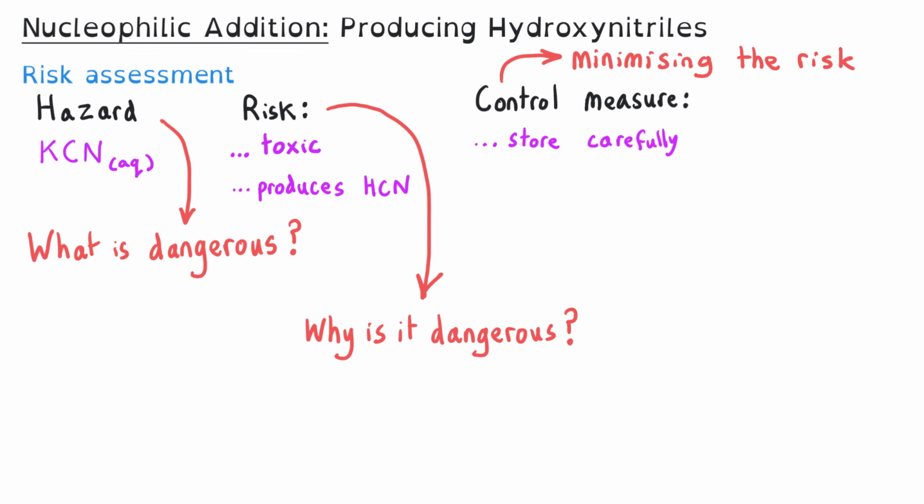The toxic nature of potassium cyanide can be offset by storing it and handling it carefully. But the production of hydrogen cyanide is more of a danger, and so we need to make sure that we do this reaction in some kind of fume cupboard to prevent that hydrogen cyanide being released into the main part of the room.